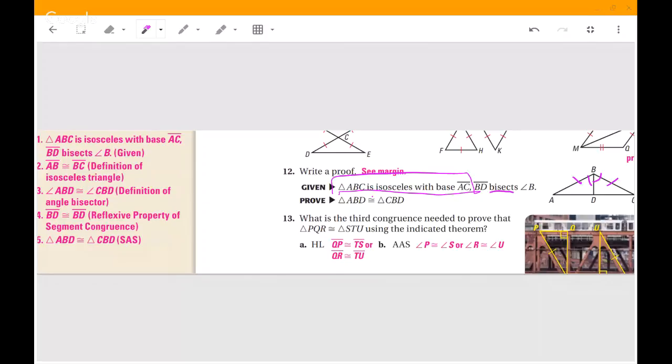And then what do we know when we have a picture of two triangles like this, where they share the same side? This side here, BD, what do we know about that side?